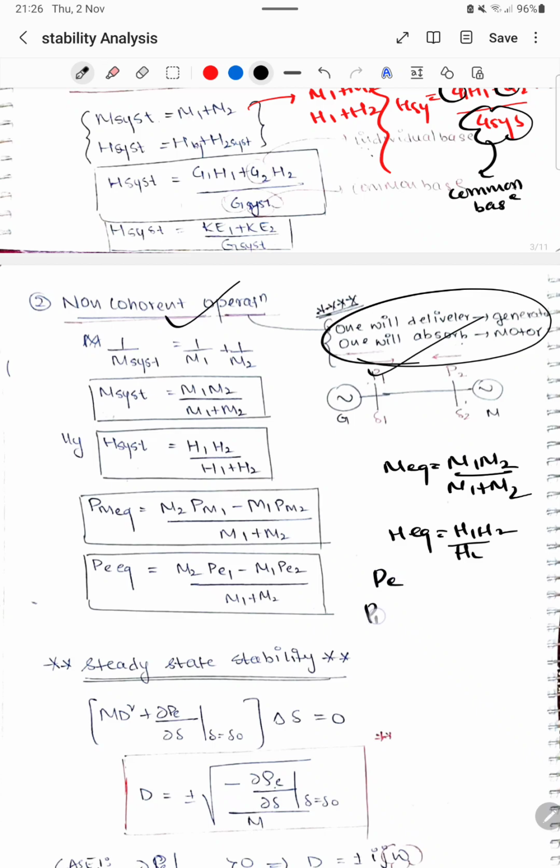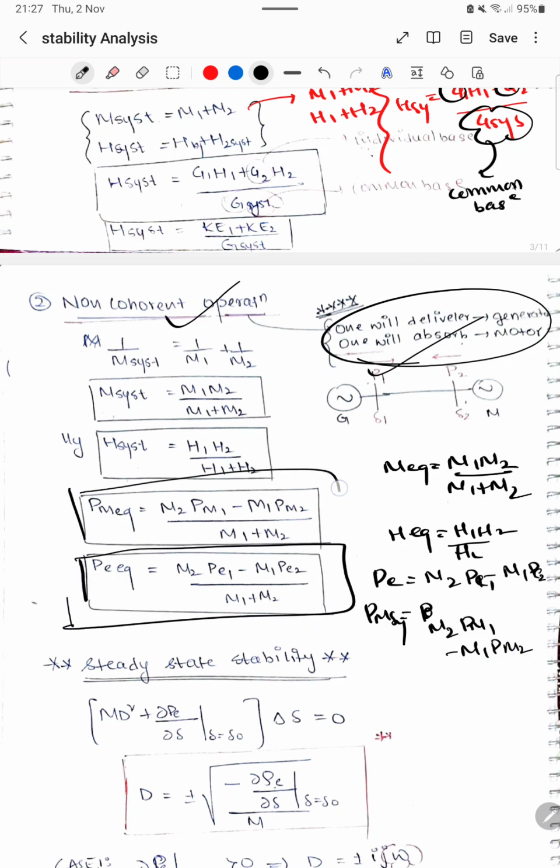Then Pe and Pm. So Pe is nothing but M2 Pe1 minus M1 Pe2. Okay. Similarly, Pm would be what? Pm of the system again, it would be nothing but M2 Pm1 minus M1 Pm2. Okay, you can check this formula here.